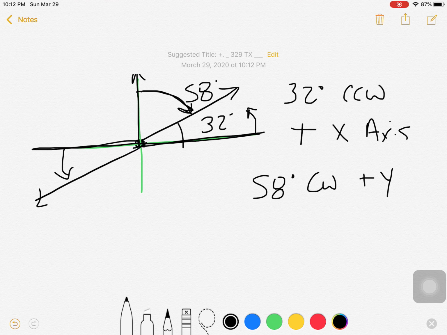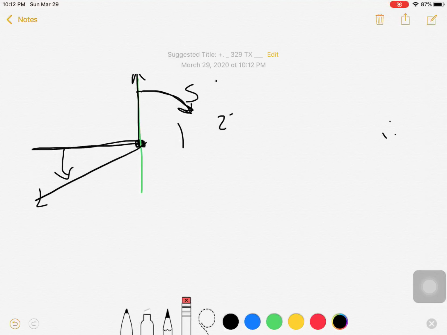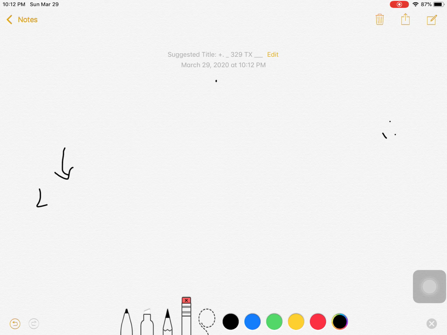Either one is fine, but this is what we call direction. Remember, the sense was just specifying which quadrant we're in. The direction, we're actually specifying exactly what the vector is. So let's erase this and we'll get to the next thing.